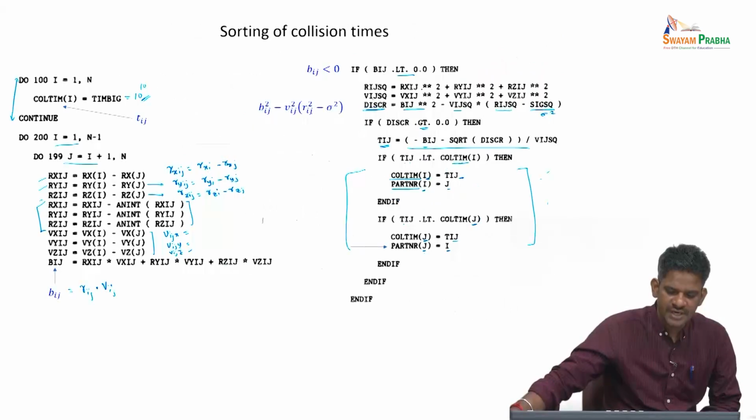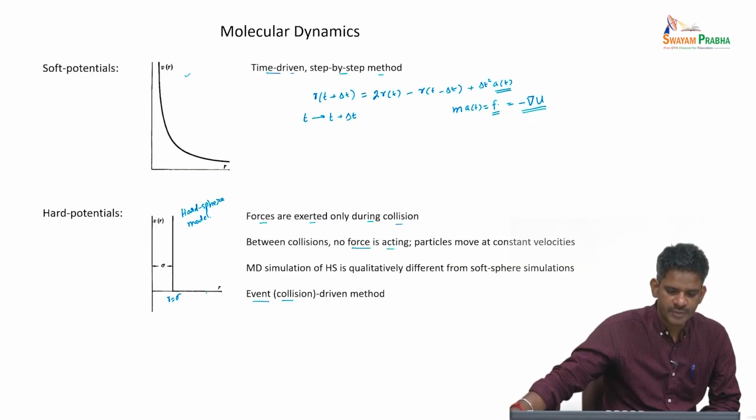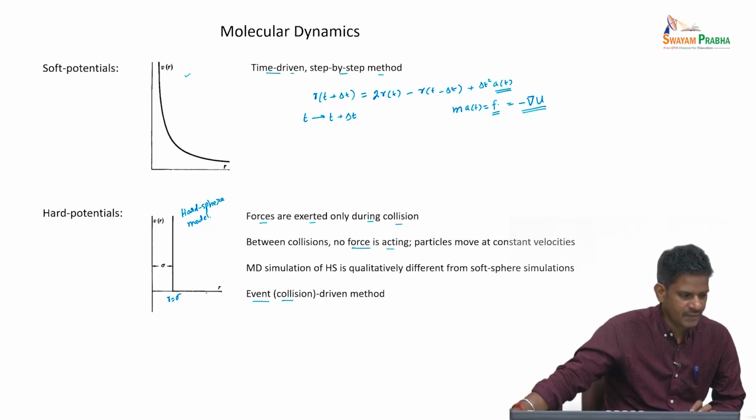The way we do MD simulation depends on whether we have a soft sphere model or a hard sphere model. In the soft sphere model, our approach is to get forces by taking derivatives of the potential energy, because the potential energy is a continuous function of r. So the derivatives are possible, and the force is possible. Then you can get the acceleration, which can be substituted in a time step manner to update positions.